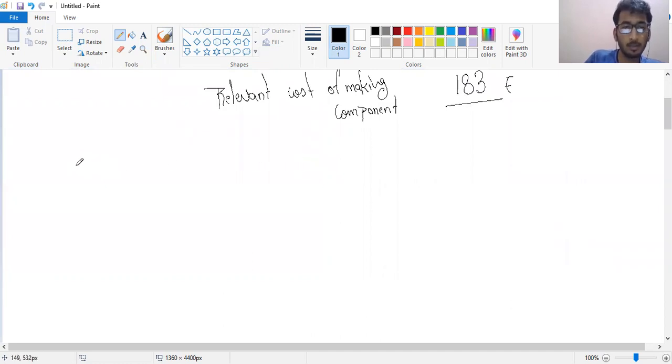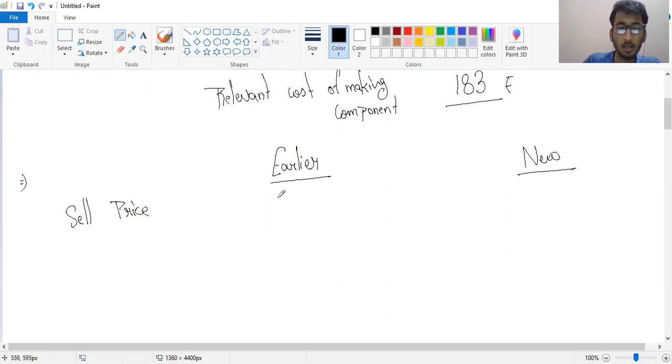I'm just noting down the data first. Earlier and new. For the table fan, the sale price earlier was 2500, which is given to us, and the contribution was 600.